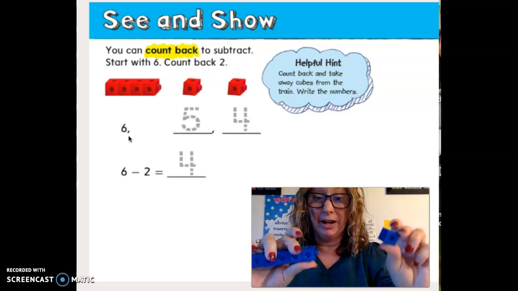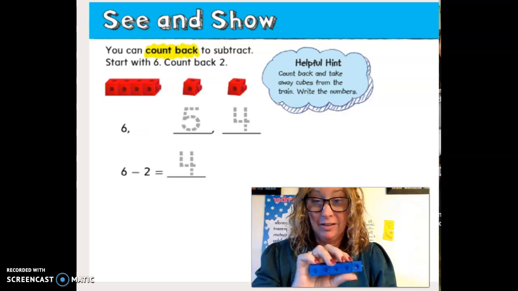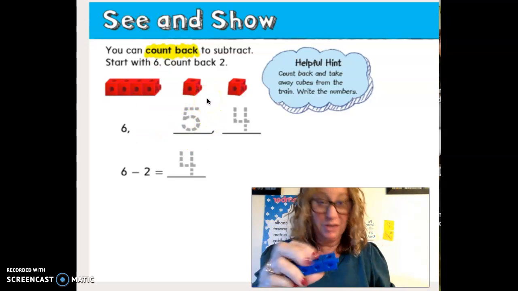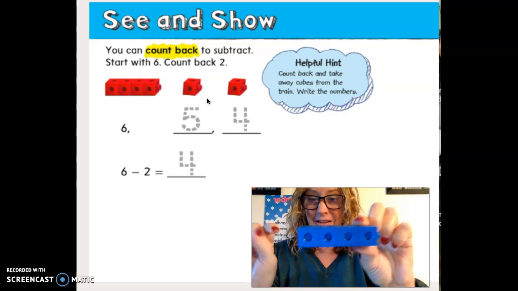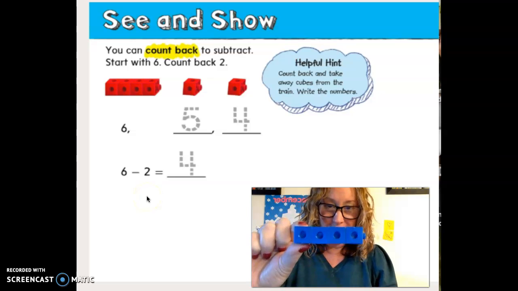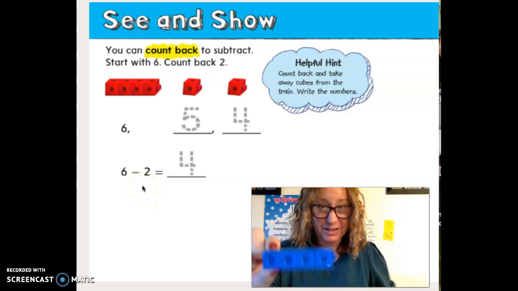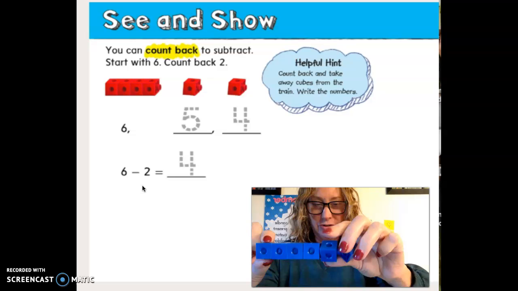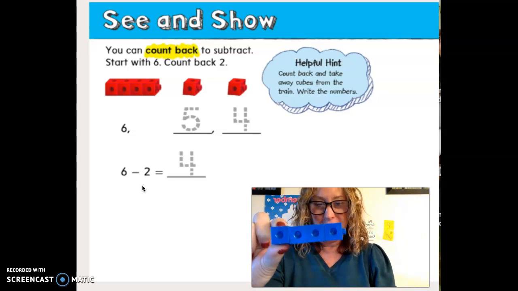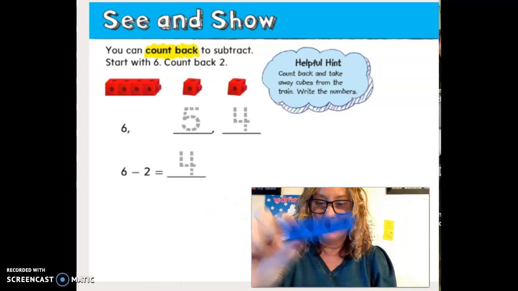I took 1 away, that would be 5. And I took another one, then I have 4. So the number sentence would be 6, we had these 6. We took away 1, 2, and the answer is 4.